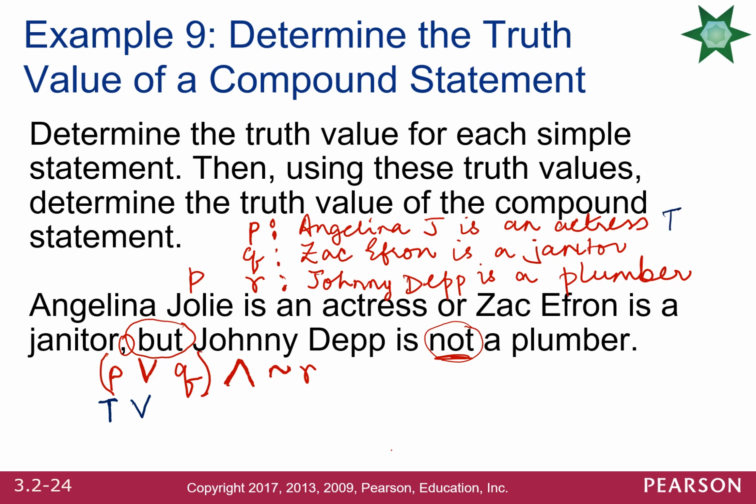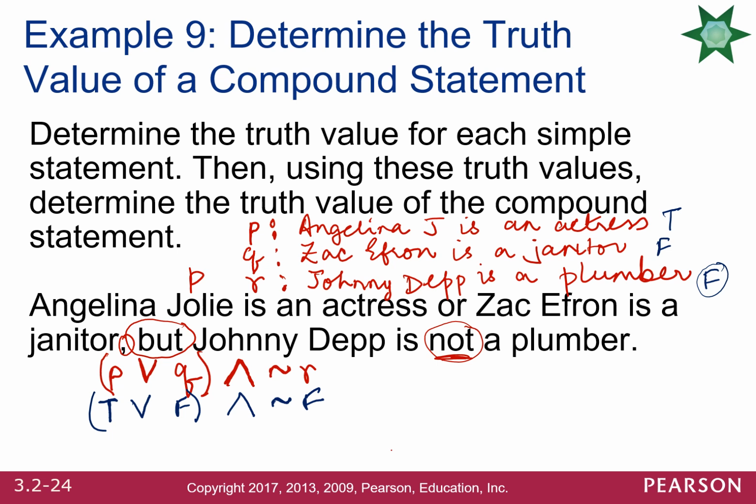And Johnny Depp is a plumber is false as well. So for Q, I'm going to mark that as false. And then we have the and symbol, and then R is false, correct? R is false. So not R will be true, correct? Not F.